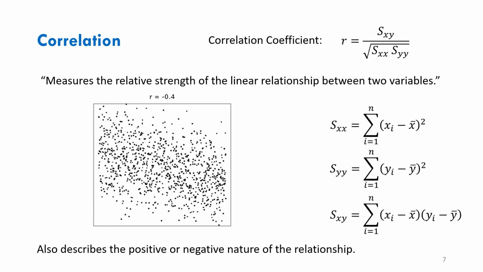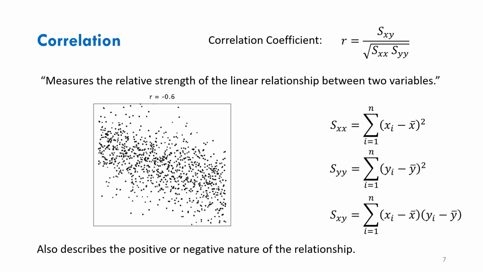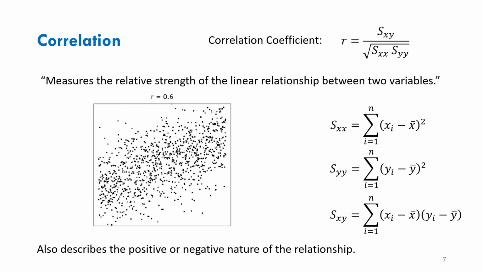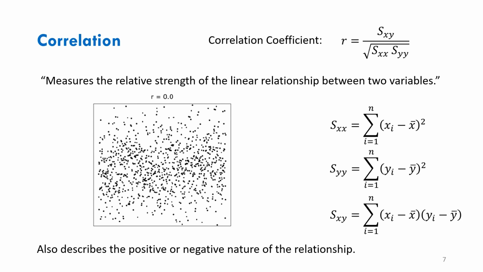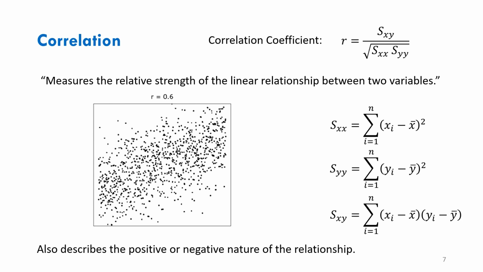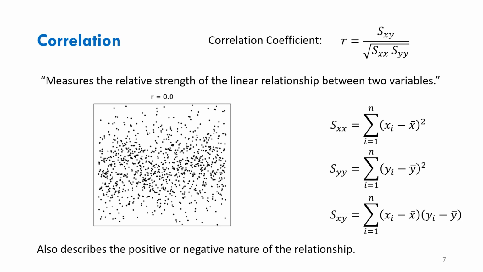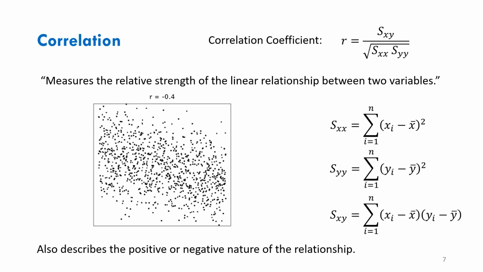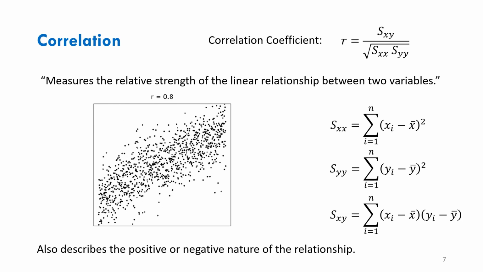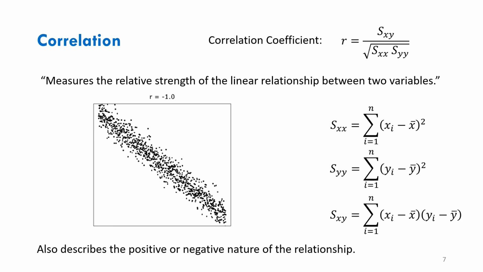So far, we know that the purpose of regression analysis is to find a relationship between variables. This can be used to predict values as well as the strength and nature of the relationship in a quantitative manner. The strength and nature of the relationship are determined by a correlation coefficient. So what is correlation? Correlation is a combination of two words in which co means together and relation means connection.